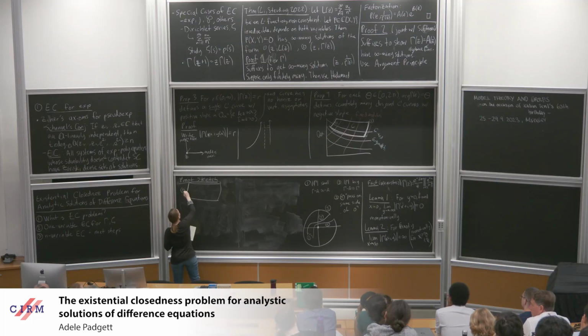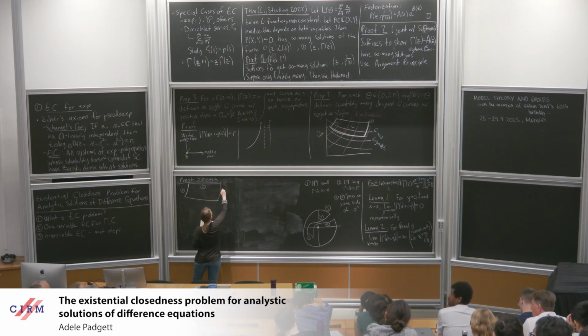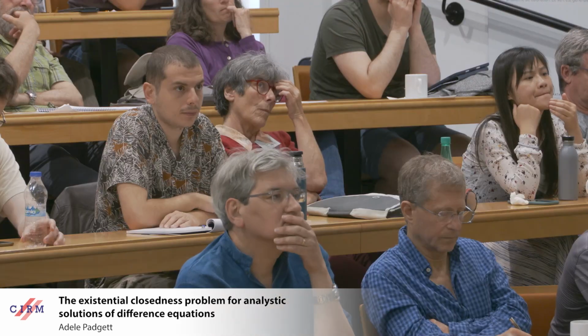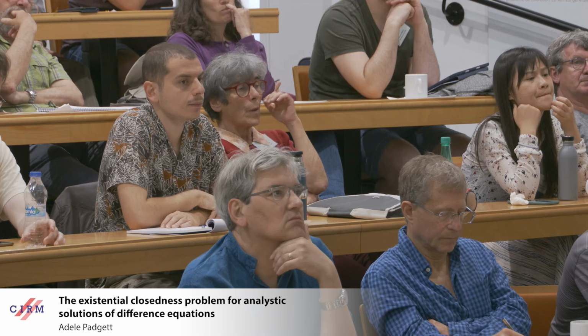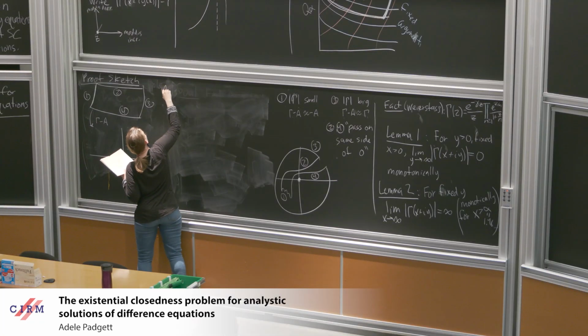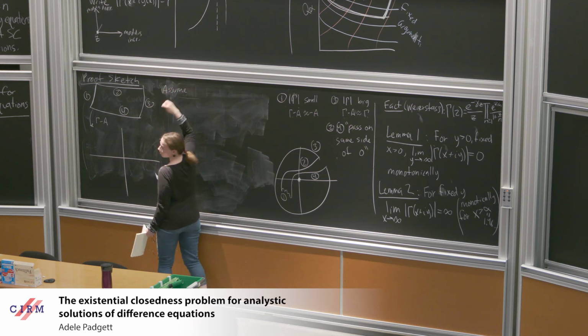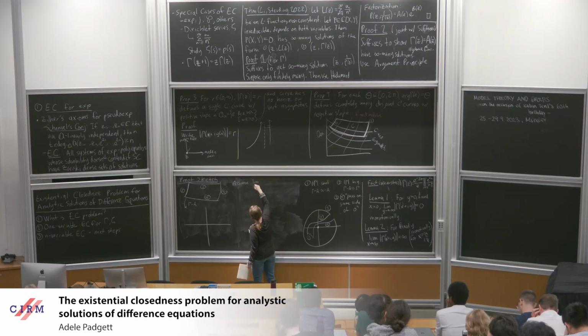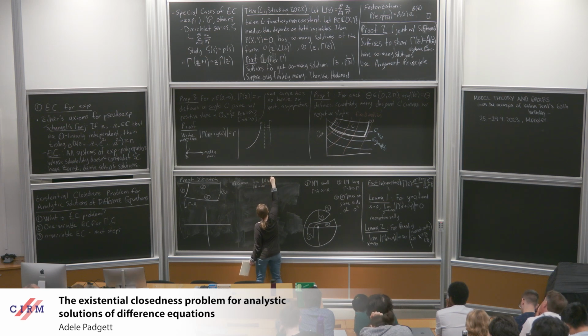So here's 1, 2, 3, and 4. And the image of this under gamma minus A, well, if we pick 1, let me also assume, just so that I don't have to split into different cases, that as the modulus of Z gets big, the modulus of the algebraic function also gets big.